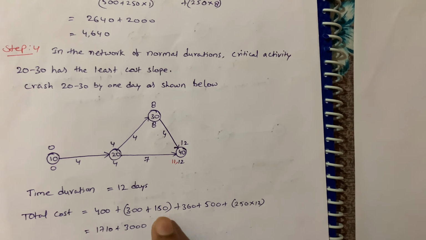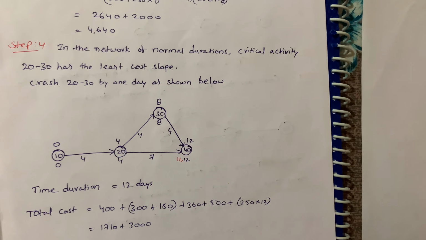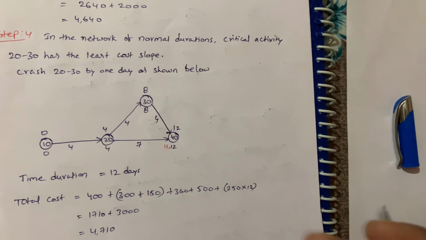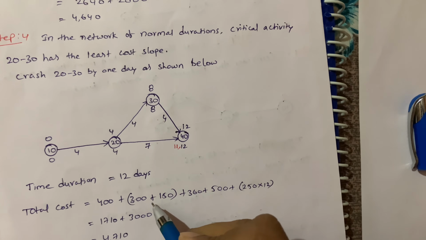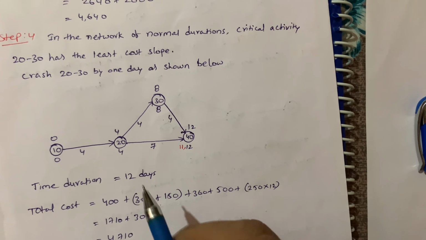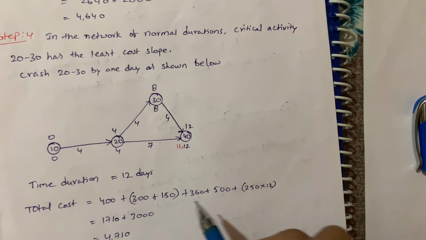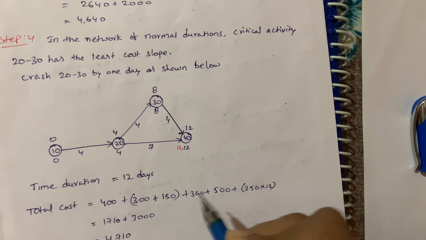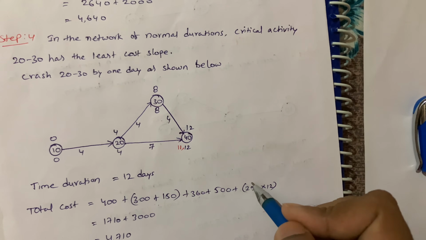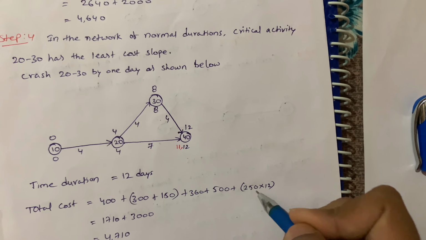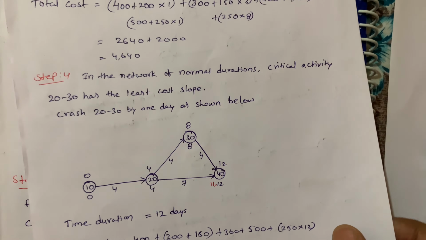So I added the cost slope here. So plus 360 plus 500. This entire value is direct cost. From here to here it is direct cost, but here our crash is 20 to 30. That's why I added the cost slope for this value only. And next, this is indirect cost. Total 12 days are there. In the question he mentioned that 250 per day is indirect cost. So 250 into 12. So I got this value. So up to here we completed this one.